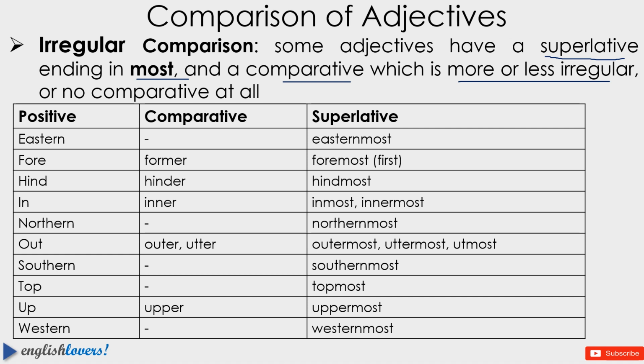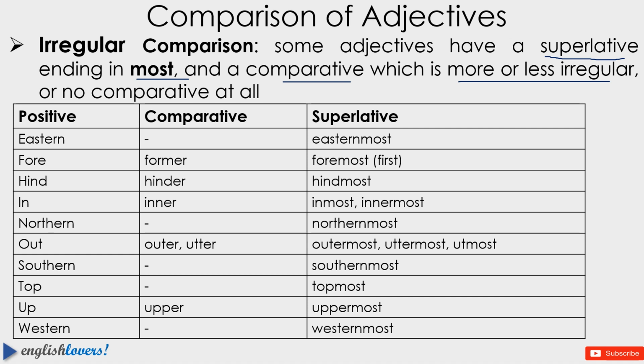So here you can see that adjectives eastern. Now this adjective eastern, it doesn't have any form in comparative, and in superlative it has easternmost. Next is for. In positive it is for, in comparative it is former, and in superlative it is foremost or first.